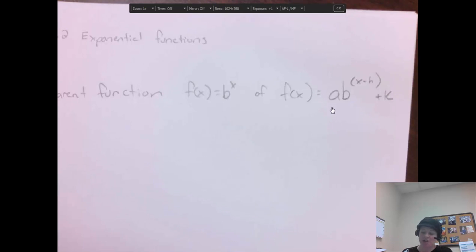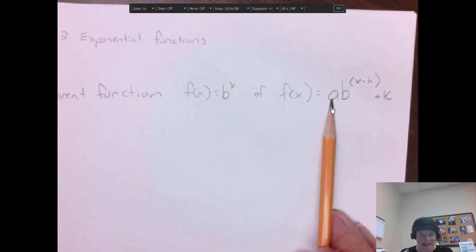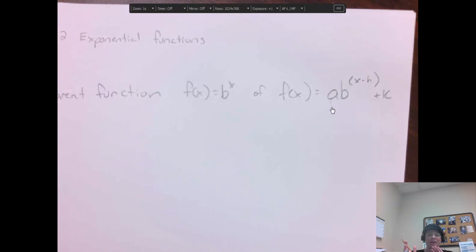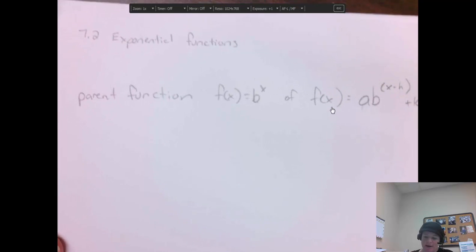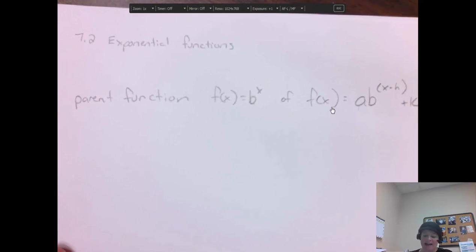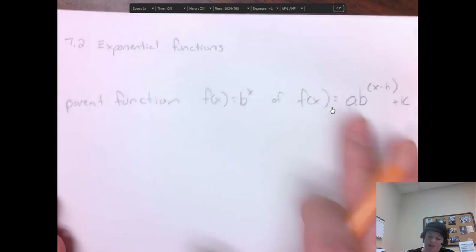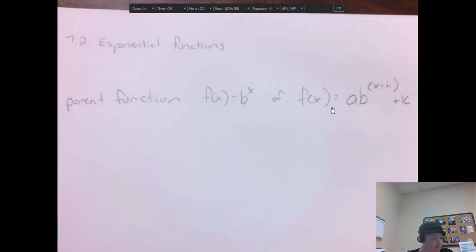And then you can change it by having a number where the a is here, h, or k. So you can put in different numbers, and that's going to change and make your graph look different. That's what we're going to look at: what are we doing to this, and what does each of those numbers do to move it around.